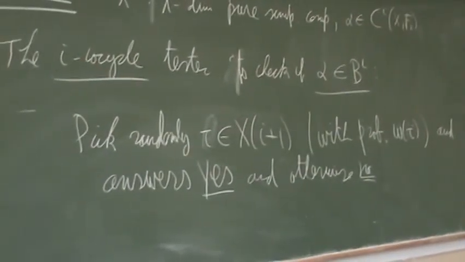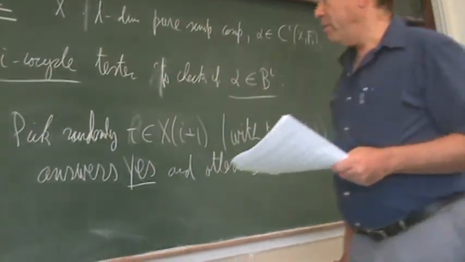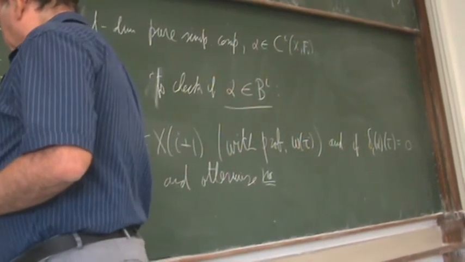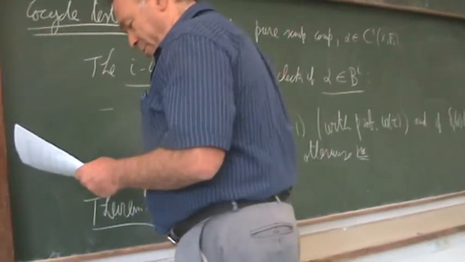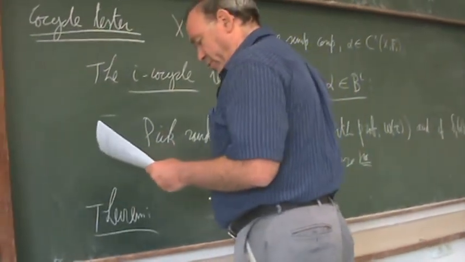And the very simple claim is a theorem, but it's an easy theorem somehow. Once you really write it down carefully, then it's just going over the definition.